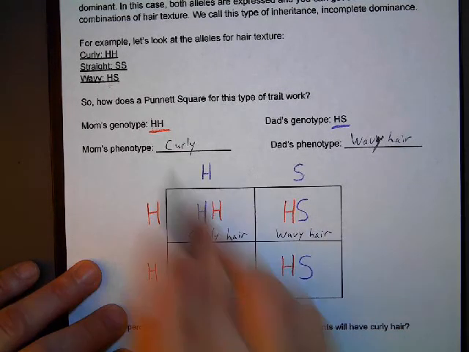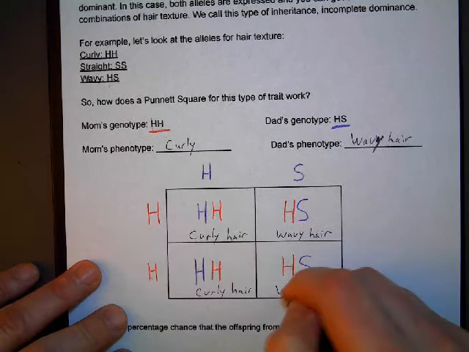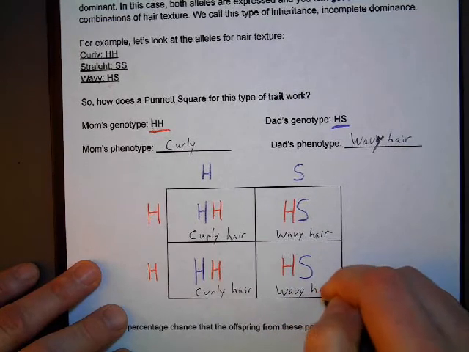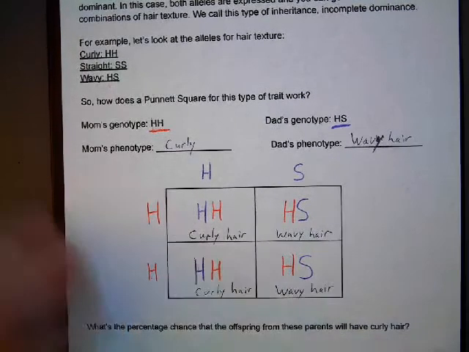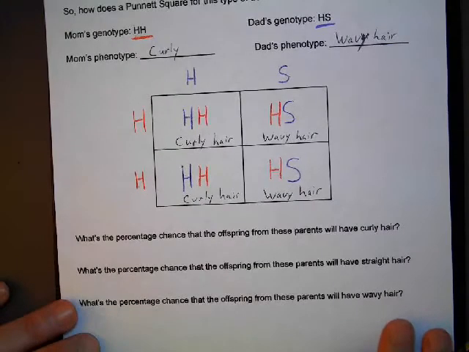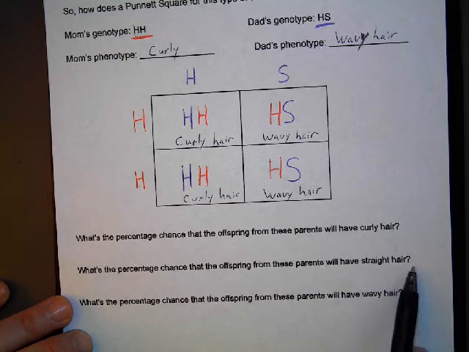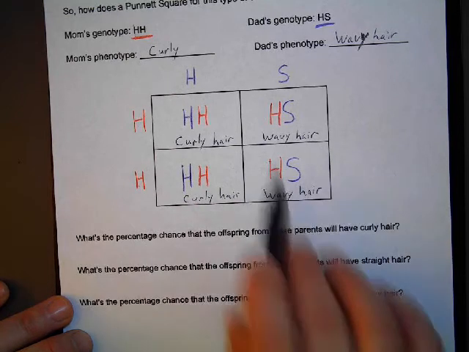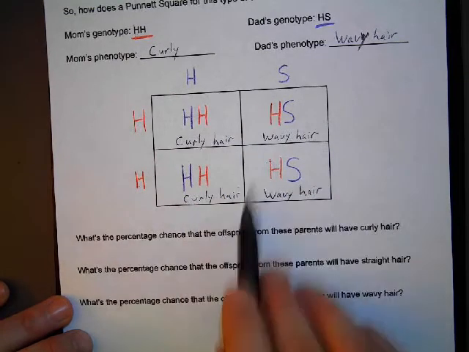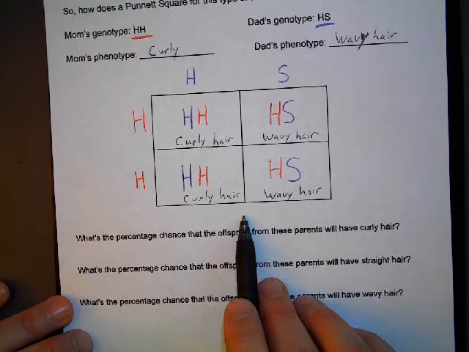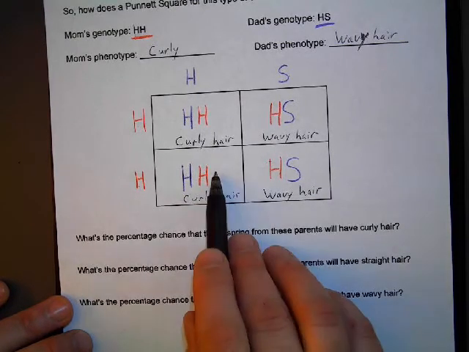And capital H, capital S, just like here, and we can see it up here, codes for wavy hair. So now I've filled out my Punnett square. Now I can figure out the percentage chance that offspring from these parents would have curly hair, straight hair, and wavy hair based on the possible combinations that I see in the Punnett square.